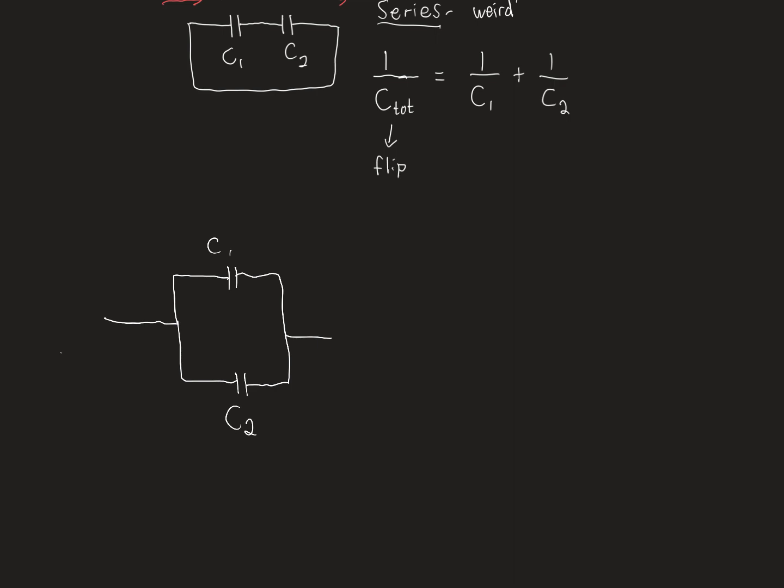If I go through this circuit and I get to this little point right here, I have a choice of where charge could flow, right? Once I reach here, where can my current go? I can go up or down. So if I have a choice of where I can go, then these two things are in parallel.